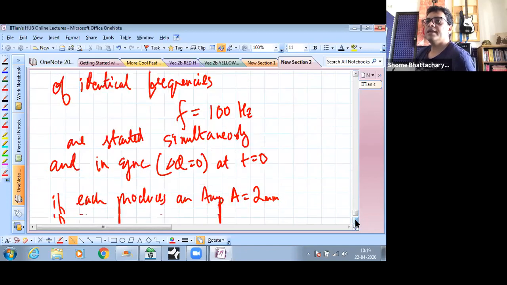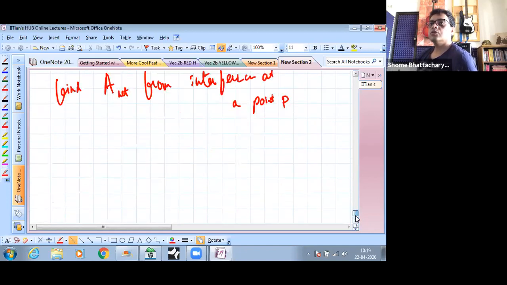Now for this, some additional information is given to us. So for the first part, we will take one value of d and just give you the value. And for the second part, we'll take another value of d and give you the value.